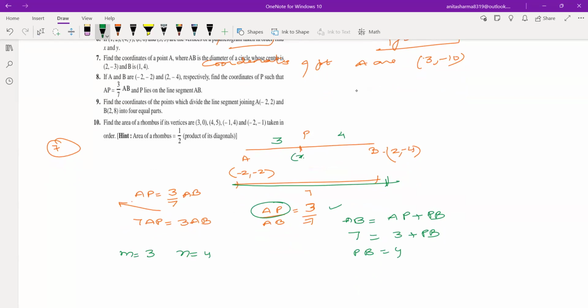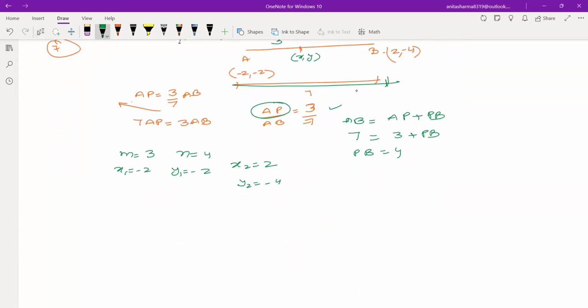Now you need to find coordinates of P. x1 is -2, y1 is also -2, and x2 is 2, and y2 is -4. Now apply the section formula, children, and tell me the answer. Hurry up. What is the section formula?